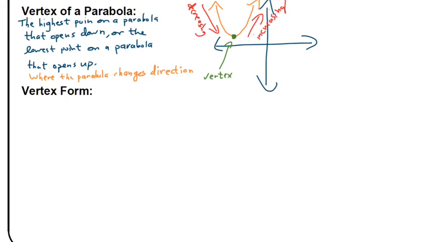Same idea if it was opening downwards. If you had a graph that's opening like this, the vertex would be up here, and it's increasing in that direction, decreasing in that direction. So it's where the graph turns around. And remember how I said earlier that it can be sideways?